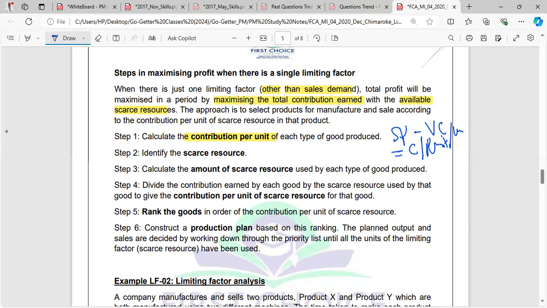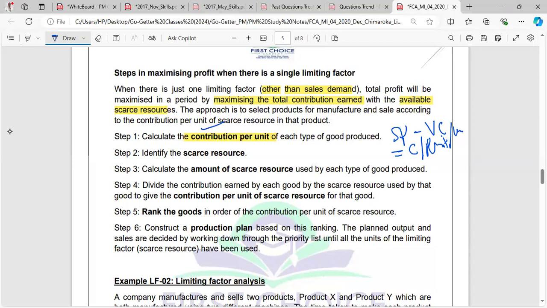If you are given sales revenue and total variable cost, when you subtract your variable cost from your sales revenue, you'll get total contribution. Then you divide total contribution by the number of units produced or sold to get contribution per unit. So the first thing here is to calculate your contribution per unit.